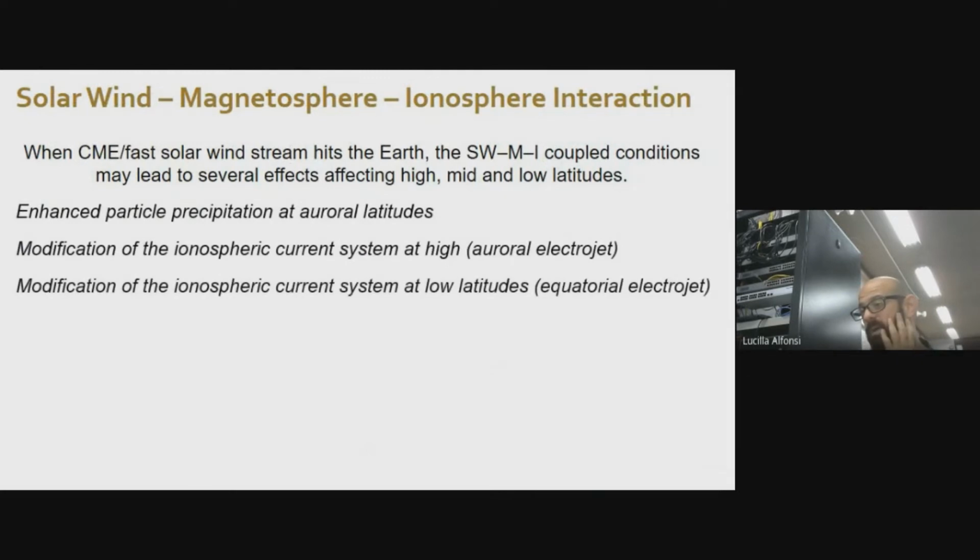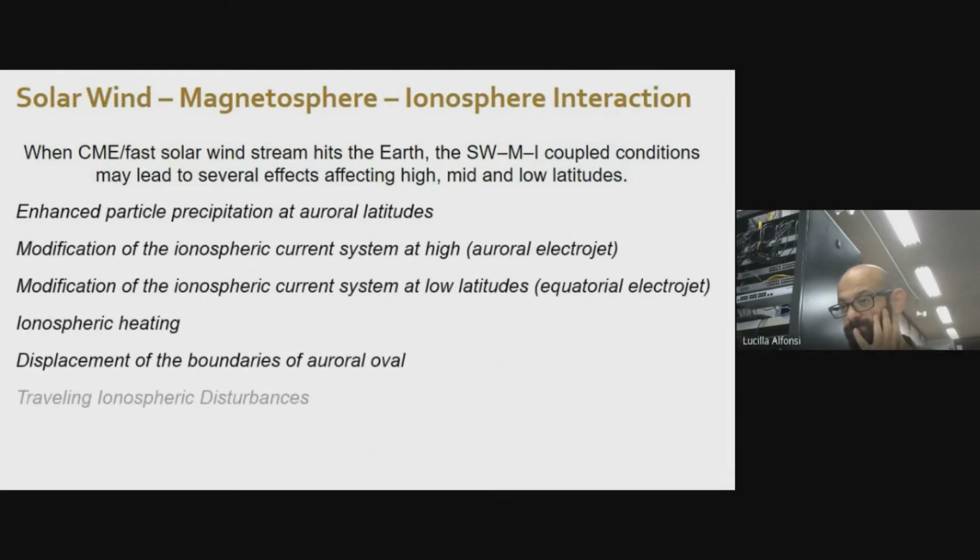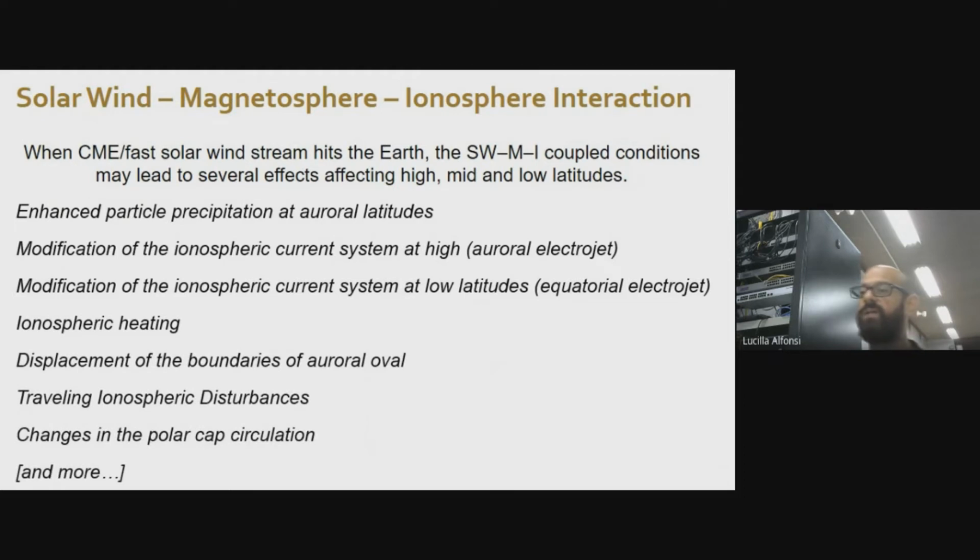So to recall some ways in which the solar wind, magnetosphere, ionosphere interaction can occur, here are just a few examples. First, the particle precipitation at auroral latitudes. We have seen that field-aligned currents are able to inject particles directly into the polar ionosphere.